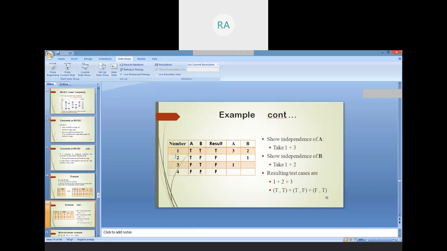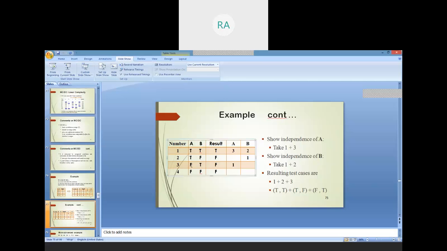How do I prove the independence of A? That is, how A is independently impacting the condition A and B. I consider combination 1 along with the third combination. 1 is true and true, and if I consider the third one, that is false and true, then only I can show it is independently impacting the final outcome of the condition.